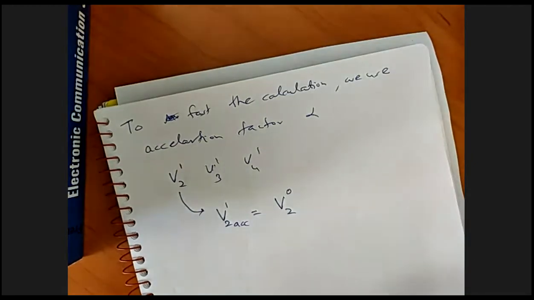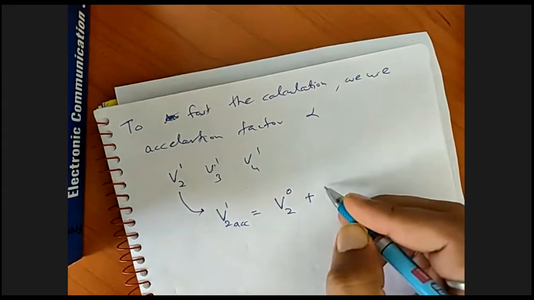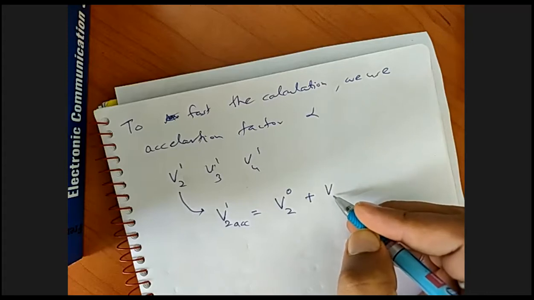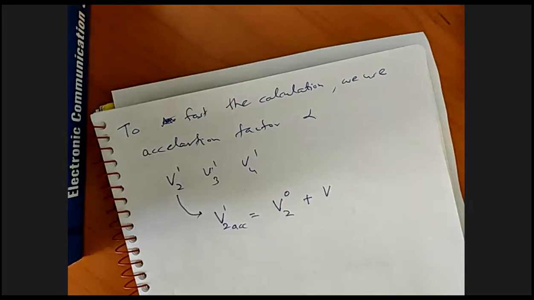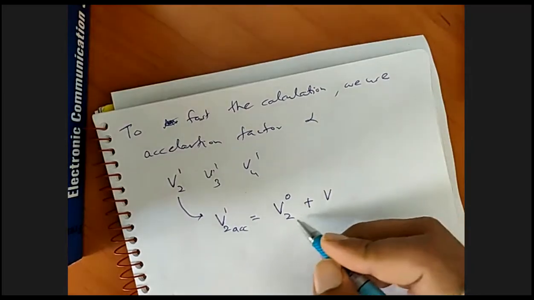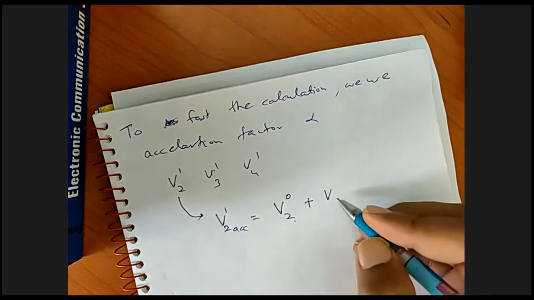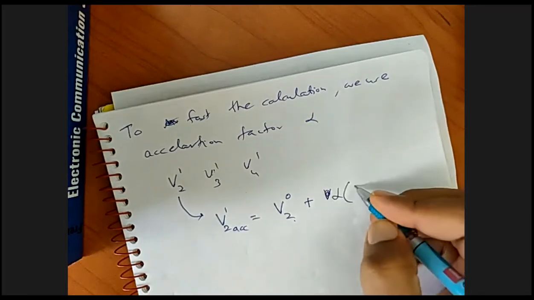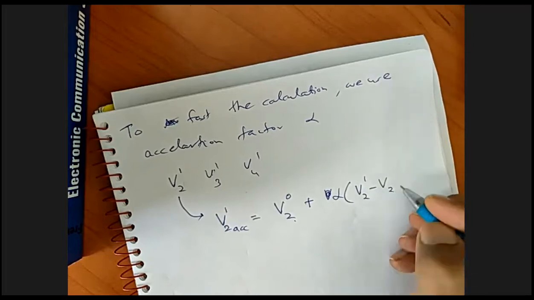That will be V20 plus alpha times V21 minus V20.